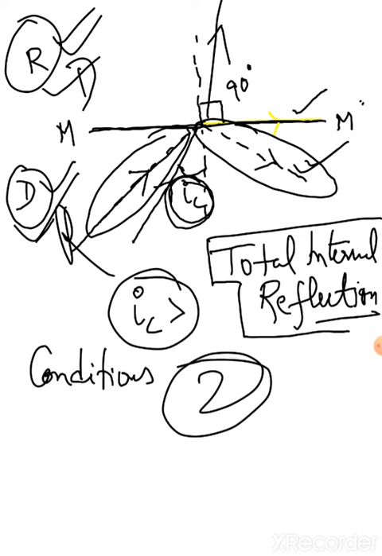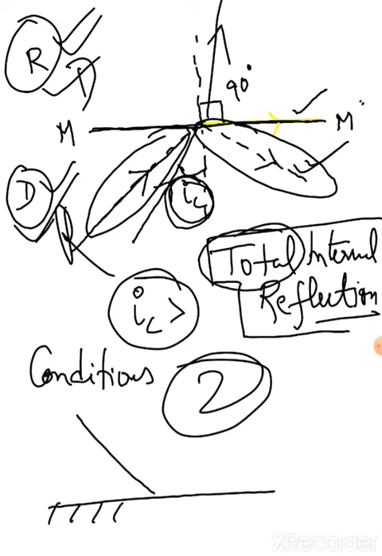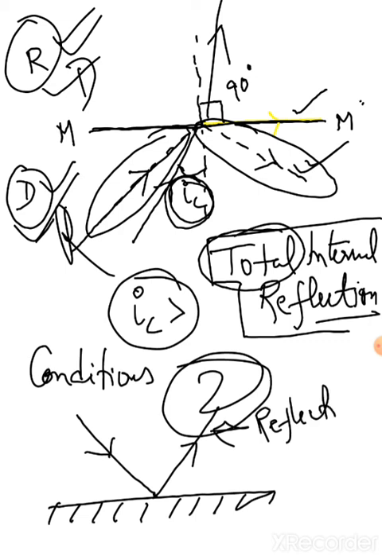Now, before I end, why do we call it total? See, whenever a normal reflection occurs, suppose this is your mirror and this is your incident ray. It strikes here and bounces back, which is called the reflected ray, and this whole phenomenon is called reflection. Whenever normal reflection occurs, some energy is lost.